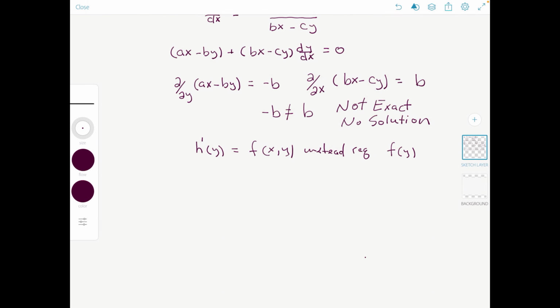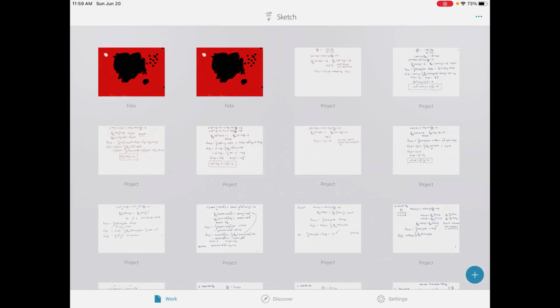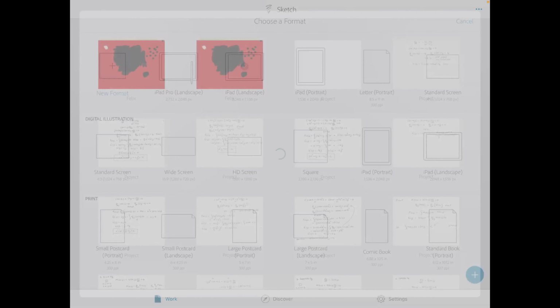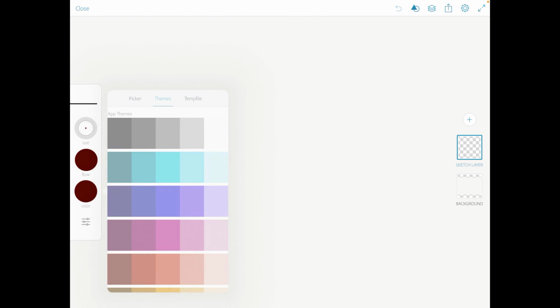To this problem. You could carry it through to show yourself that h prime of y is some function of x and y instead of the required function of y.